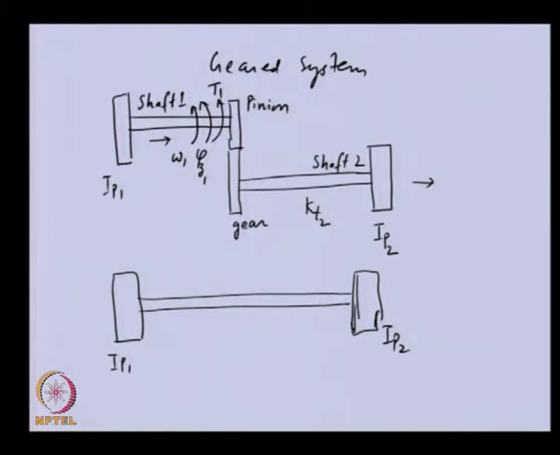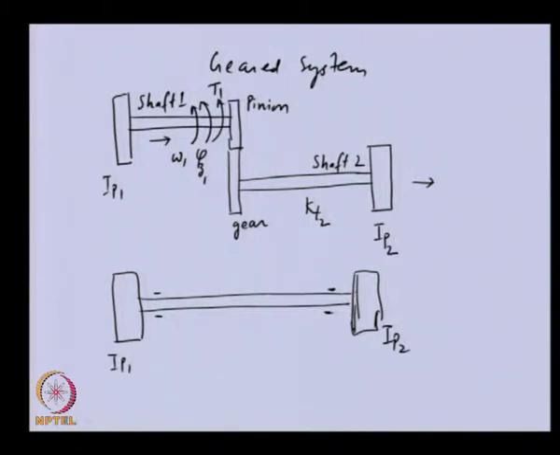We will try to convert the previous actual system to this equivalent system in which a single shaft is there, and if we can convert, we already analyzed such a system mounted on frictionless bearing, and we can obtain the natural frequency for torsion for this particular case.